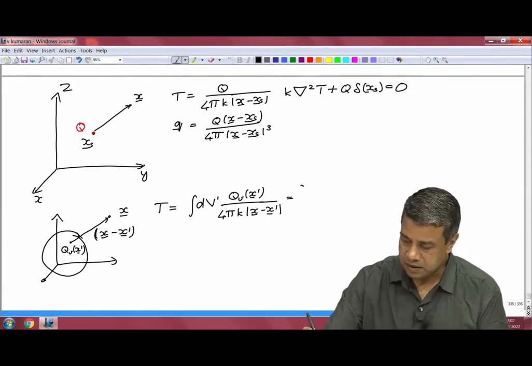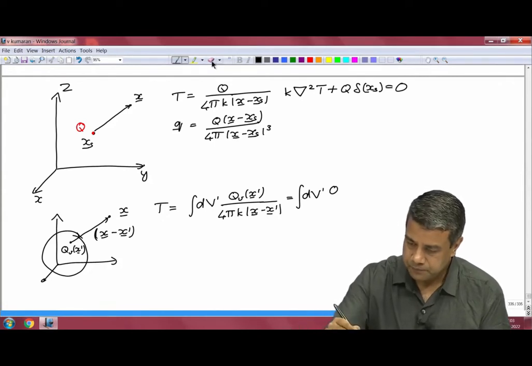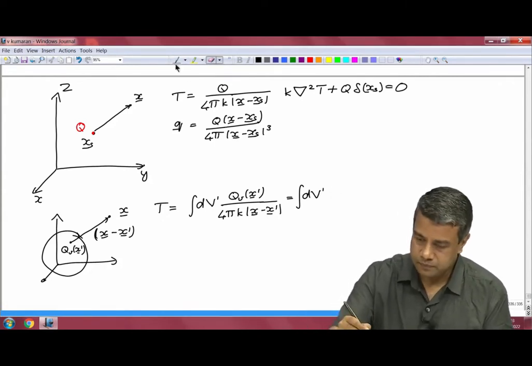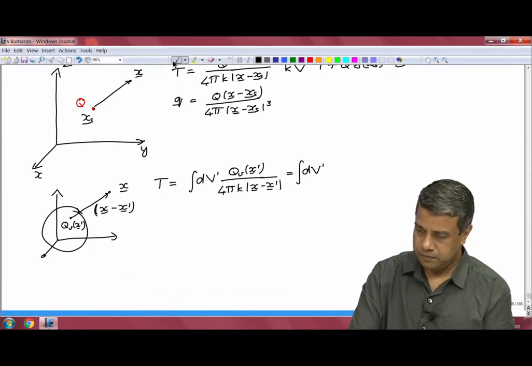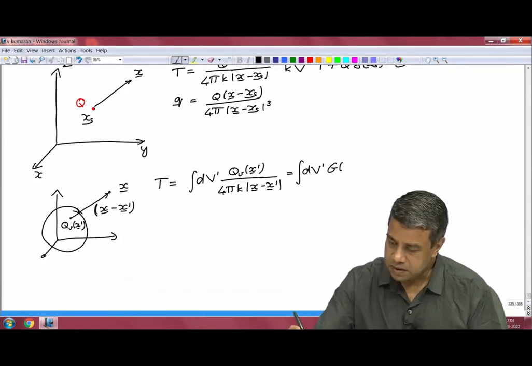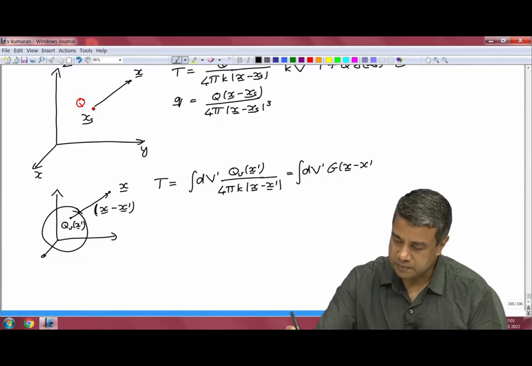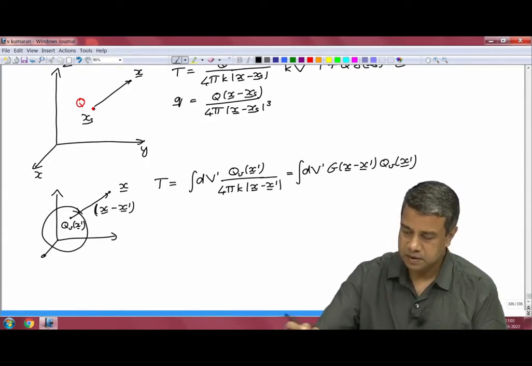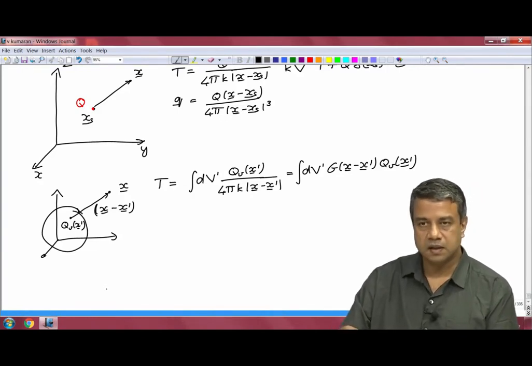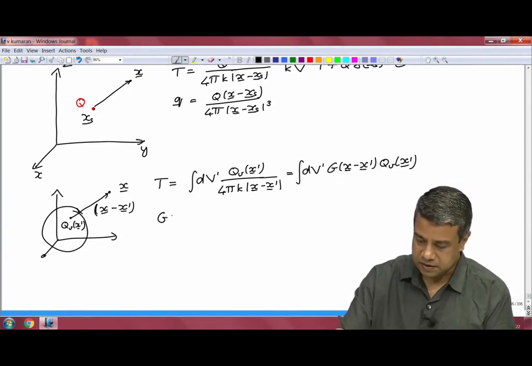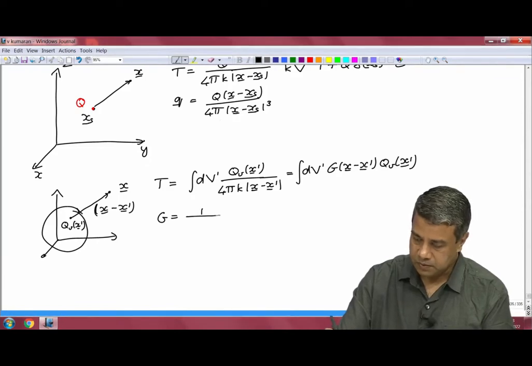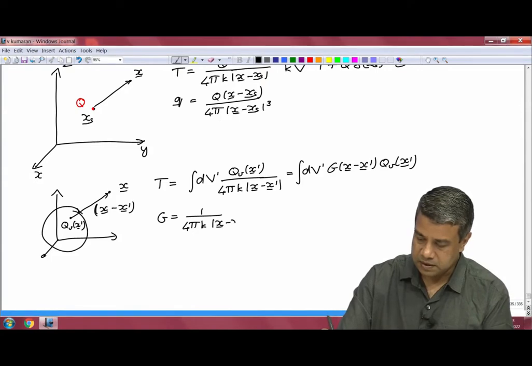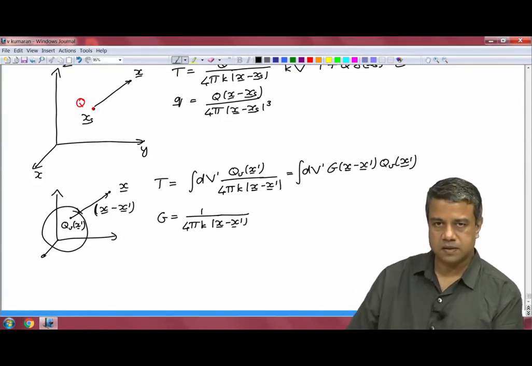Also written as integral over dv prime of g of x minus x prime times q volumetric source of x prime, a convolution integral, where g is the Green's function, equal to 1 by 4 pi k into x minus x prime. So that was the Green's function.